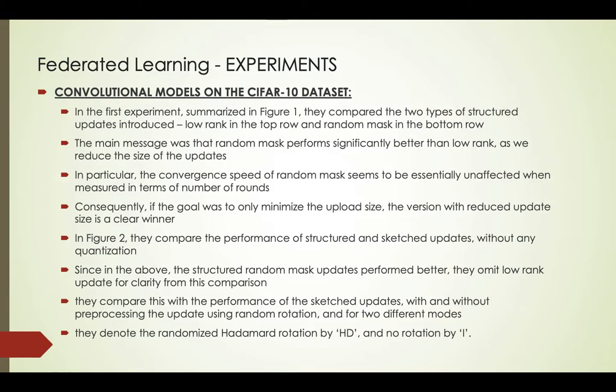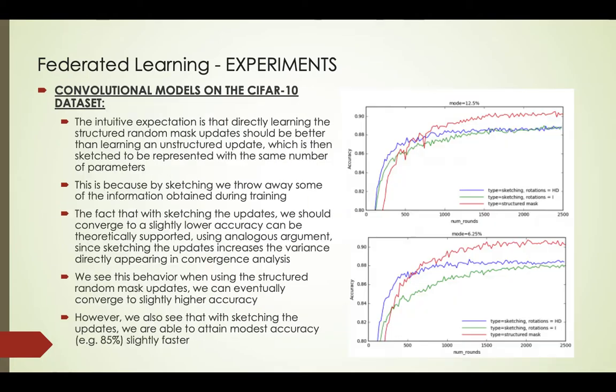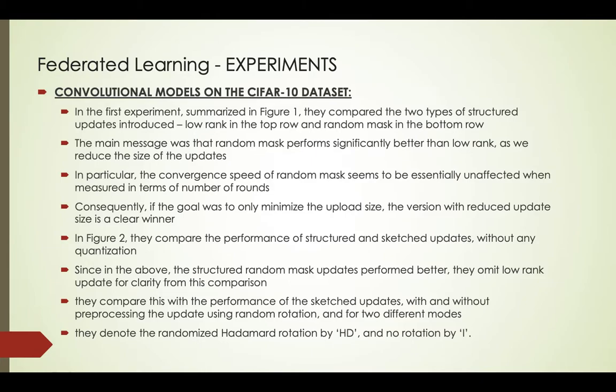Consequently, if the goal was to only minimize the upload size, the version with the reduced update size is a clear winner. In Figure 2, this one, they compare the performance of structured and sketched updates without any quantization. Since in the above, the structured random mask updates performed better, they omit low rank update for clarity from this comparison.